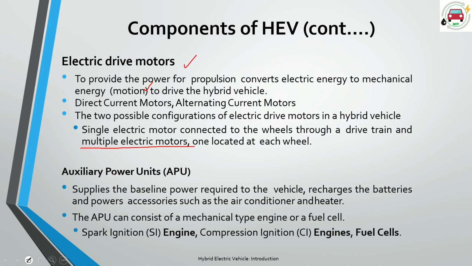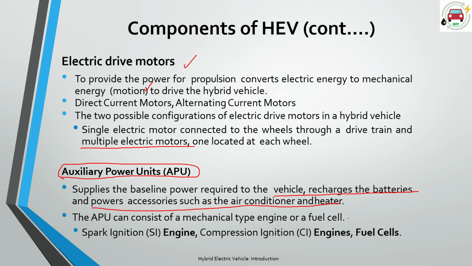Okay, so auxiliary power units, we have already seen what an auxiliary power unit is and its use. This is the baseline power required by the vehicle; it recharges the batteries and powers accessories such as the air conditioner and heater. The APU can consist of a mechanical type of engine or a fuel cell.